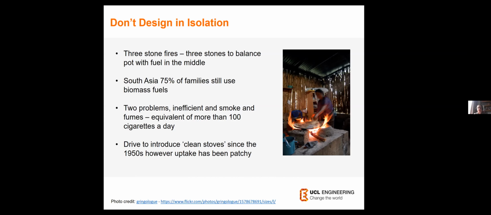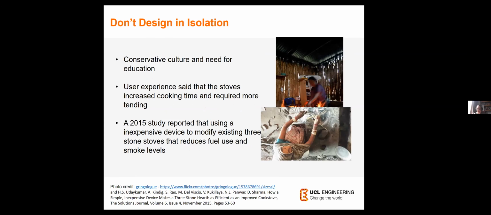There has been a drive since the 1950s to introduce what are called clean stoves, stoves that are more efficient and produce less smoke and fumes. But uptake has been very patchy, and people tend not to transfer to this new kind of stove. The official answer, if you look at various studies, is that these people come from a conservative culture and need to be educated about the amazingness of our new stoves.